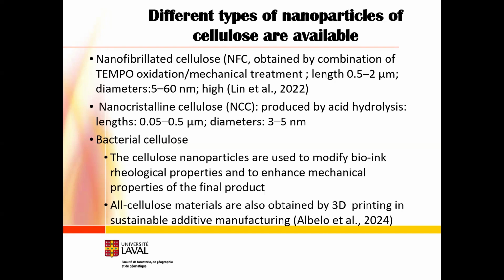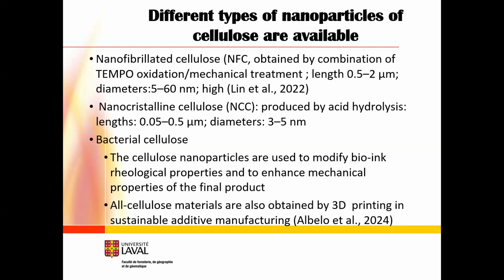Anyway, the TEMPO oxidation of the cellulosic materials provide introduction of, again, uronic acid groups, which provide the possibility to put away the cellulose, to prevent the cellulosic chains to get together.